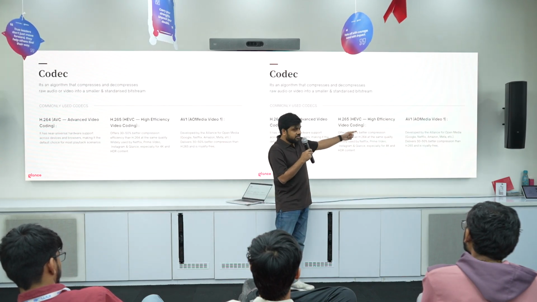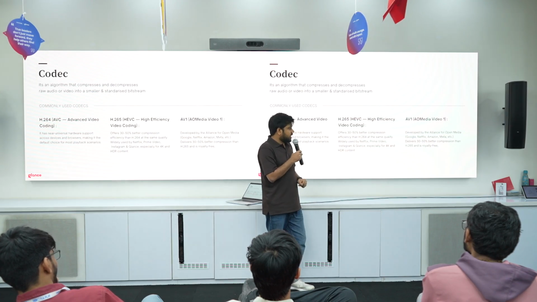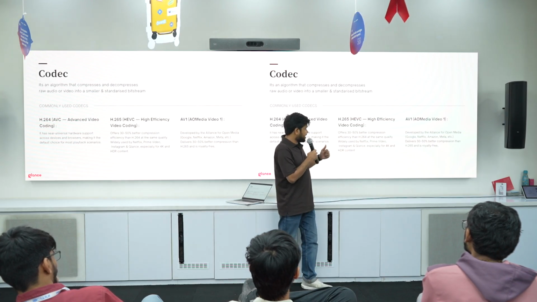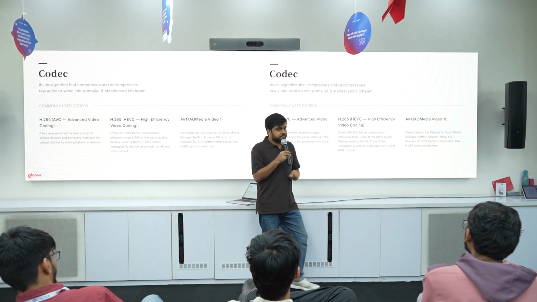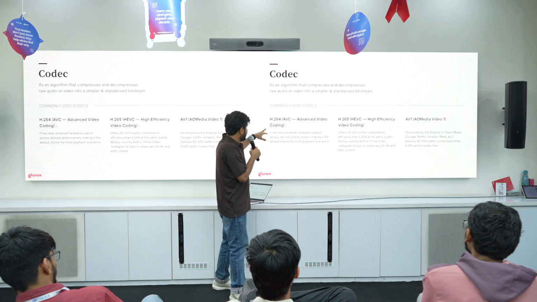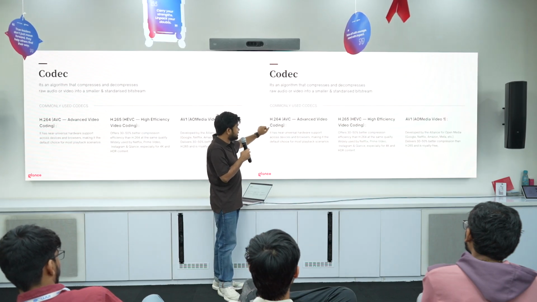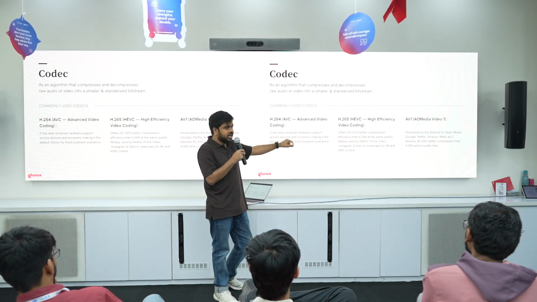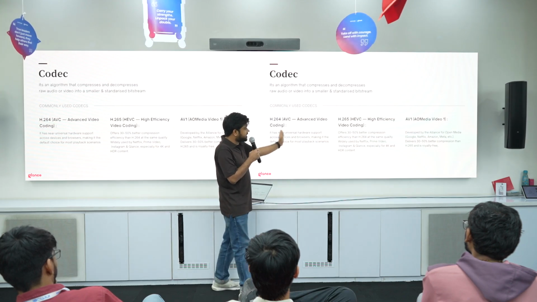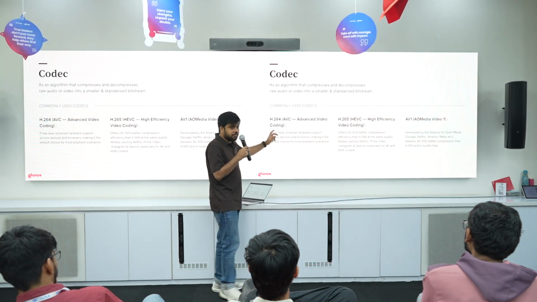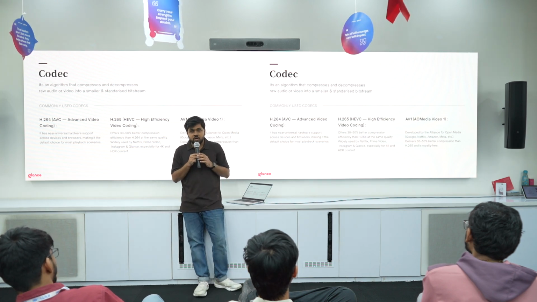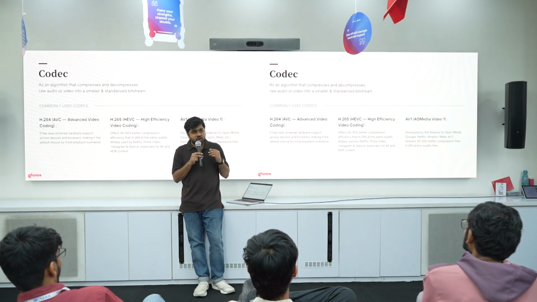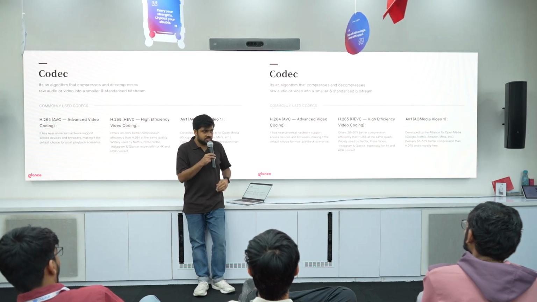That's where AV1 comes in. AV1 again provides 30 to 50% better compression ratio over H265, and it is also royalty free. So from H265 to AV1, which was introduced in 2020, in 20 years we have achieved almost 100% better compression ratio. That's why we are able to see a lot of high resolution content on mobile in the last 20 years.